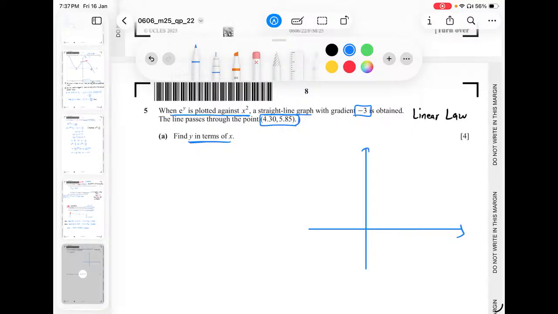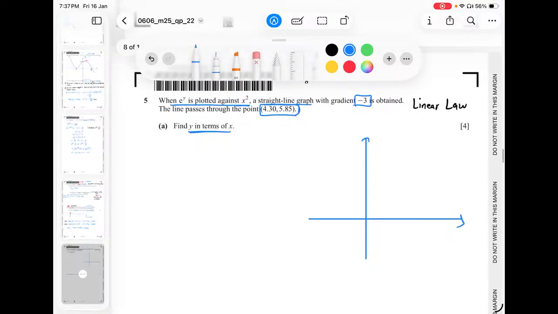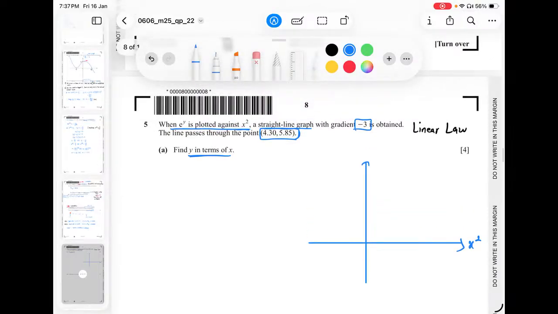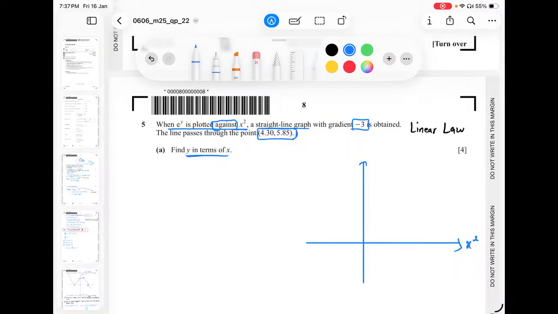Your x-axis is actually x squared. So from here you know that against means whatever comes after the against is going to be your x-axis and whatever comes before is your y-axis. So x squared is your x-axis, e to the power y is your y-axis. Instead of y you are going to use these two units for this question.